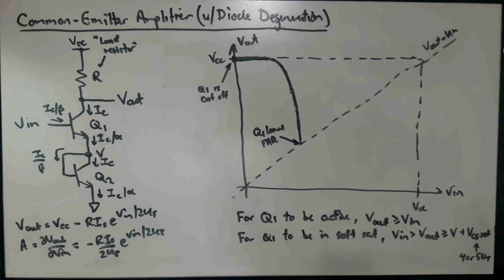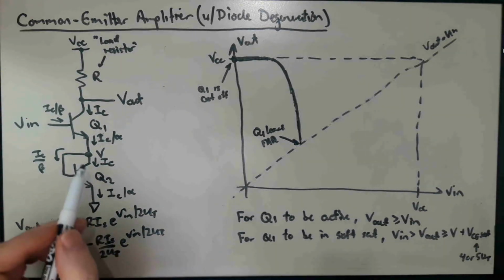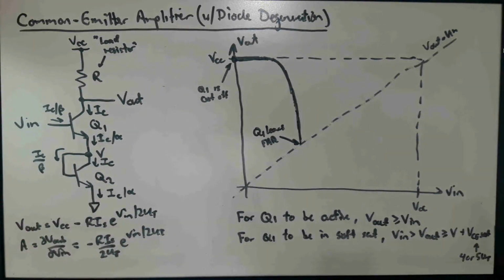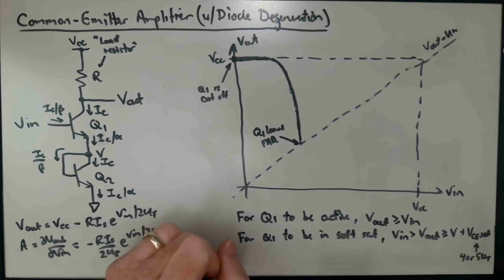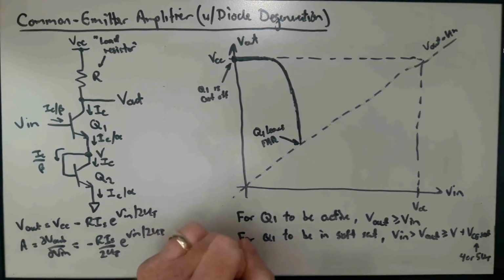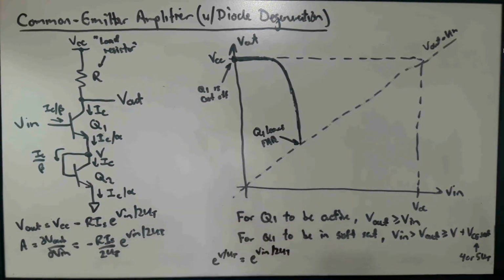So it's not a very large voltage across the transistor, but you need at least that much across the transistor for it to be in soft saturation. And so we need to think about, what is V doing? Okay, so V is the emitter voltage, and we actually know what V is doing because we had that equation that said e to the V over UT was equal to e to the Vn over 2UT.